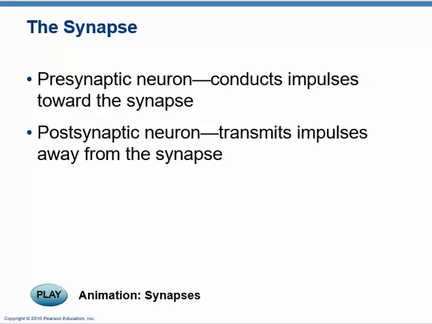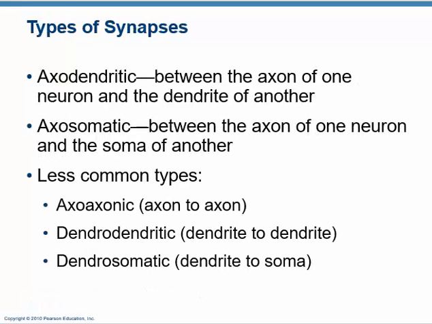So the presynaptic neuron is the one before that conducts the impulses to the synapse. The postsynaptic reacts to that and conducts away from the synapse, and the synapse is the joining.